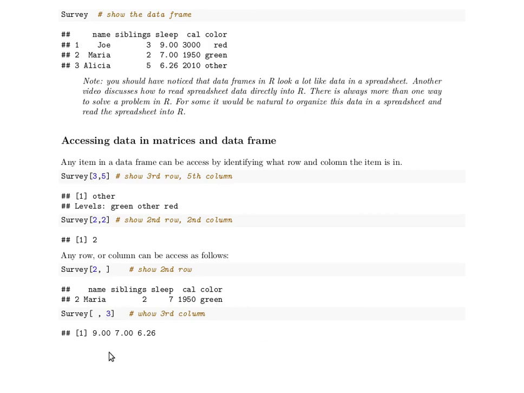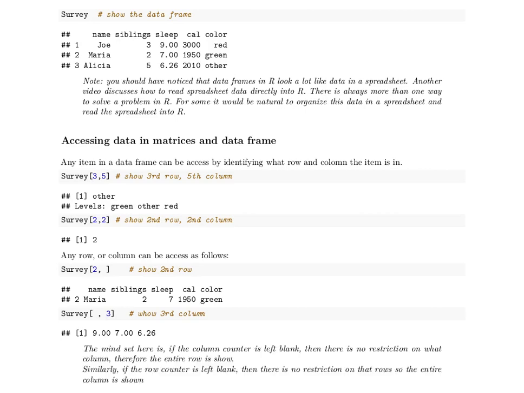On the other hand, if we ask for survey square bracket with no restriction on the row, but we want to look at just the third column, then it's going to give us the information from that third column, which is 976.2, 6.26. So the idea in this square bracket notation is that you're telling it what to restrict rows or columns to.